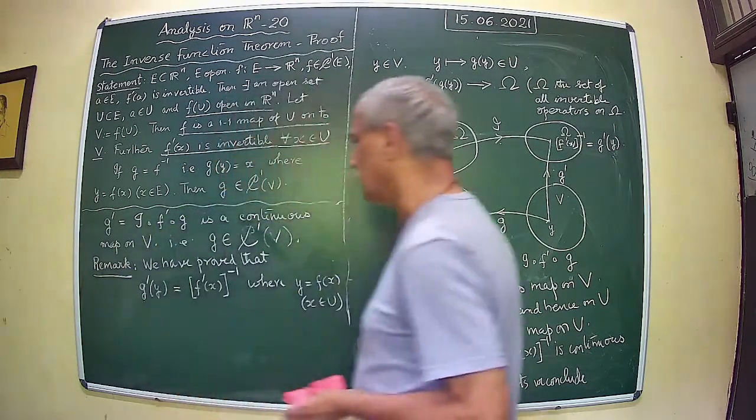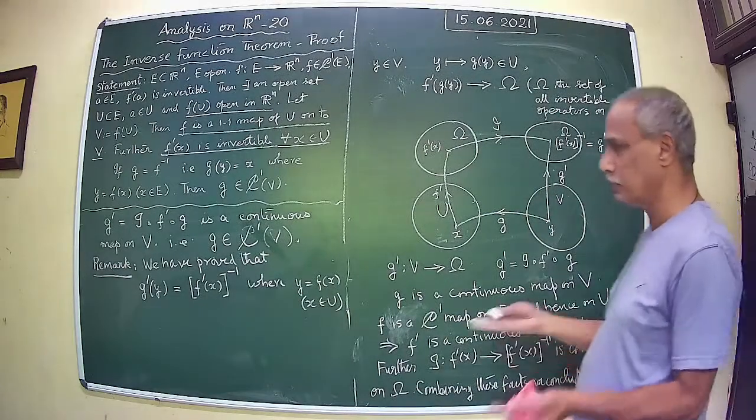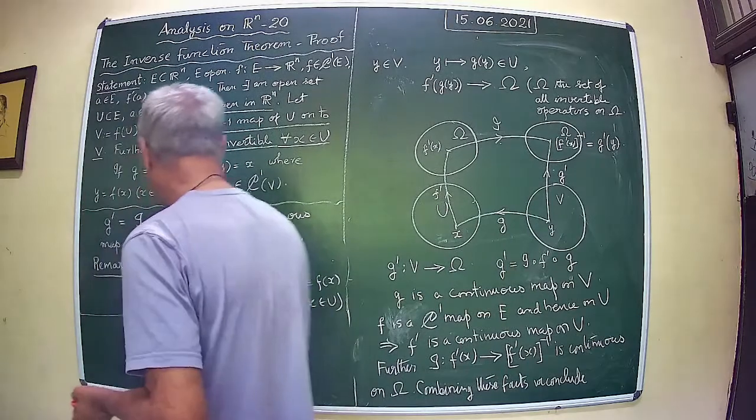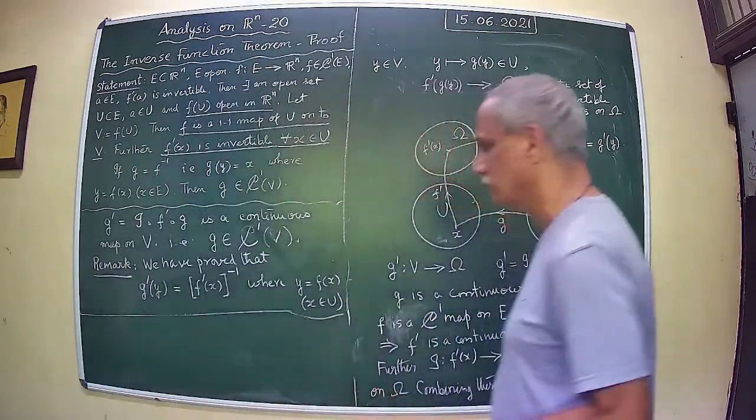This is the conclusion that we have. So we have actually got the expression for G derivative. Okay, so this completes the proof of the theorem.